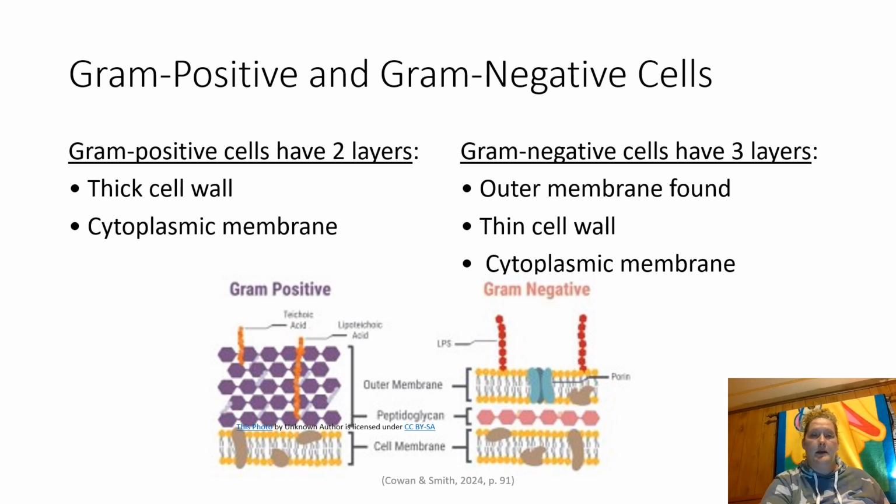But over here, a gram-positive cell only has two layers. It's just got a thick cell wall and the cytoplasmic membrane. And in gram-positive bacteria, the cell wall is made up of a big, thick wall of peptidoglycan.